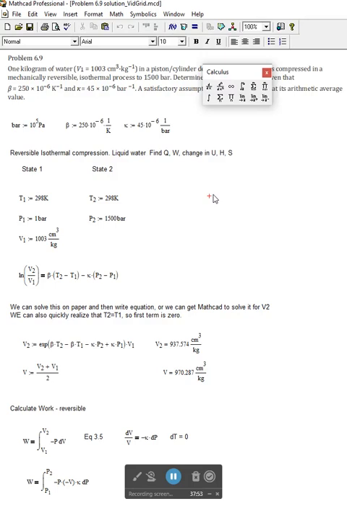Another thing about MathCAD is gram is GM, because G, what is G? G is our acceleration due to gravity. So there are a few of these things that are going to creep up on you as you go through MathCAD, and a lot of this you just got to learn by doing. You'll run across these. If I, for example, screw up my syntax and I put just T in here instead of T1, it's going to give me an error.